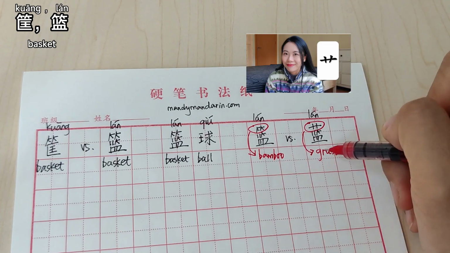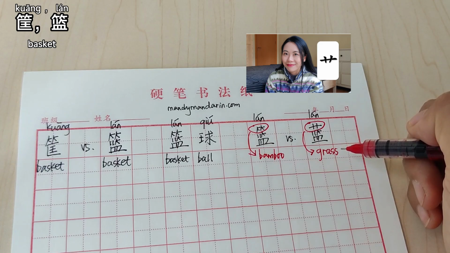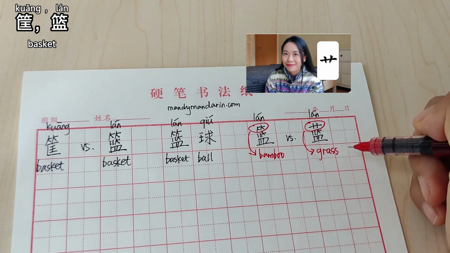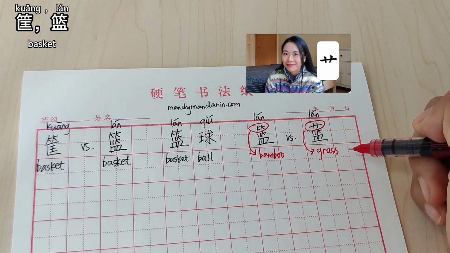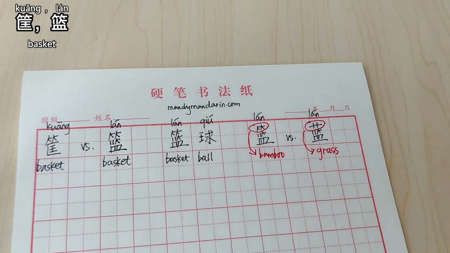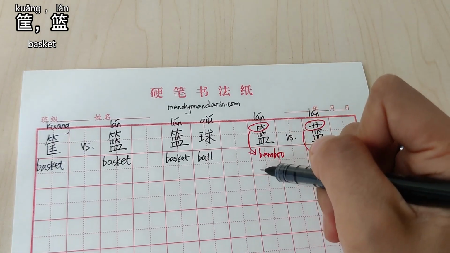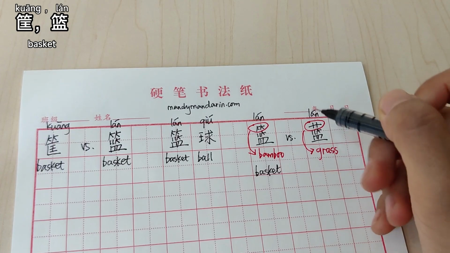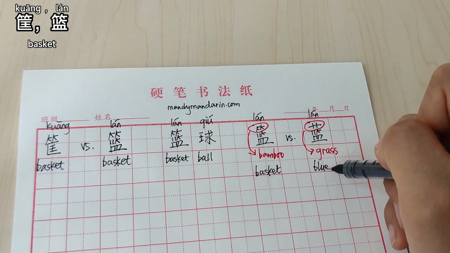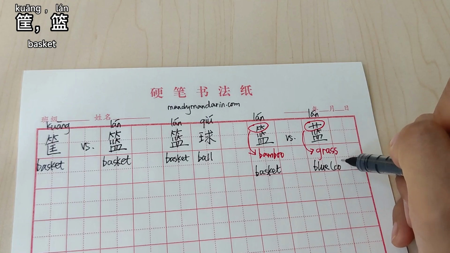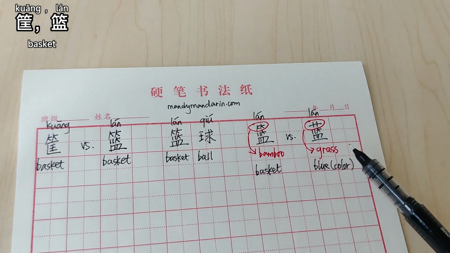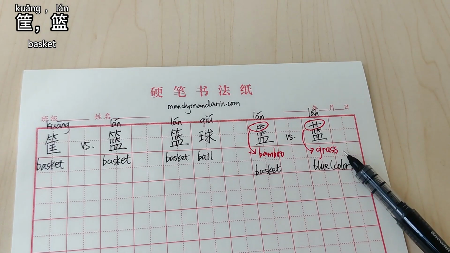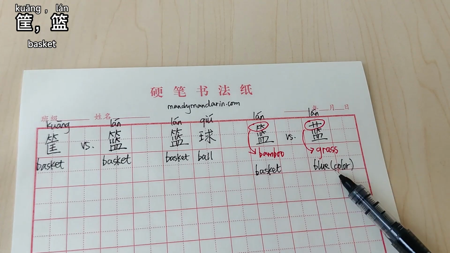We just talked about the grass radical a few weeks ago, and if you haven't watched that or you want to review it, please check out my grass radical videos. This 篮 means a basket. The other 篮 is blue, the blue color, because the grass radical is related to grass and plants, and we can get blue color from the plant.